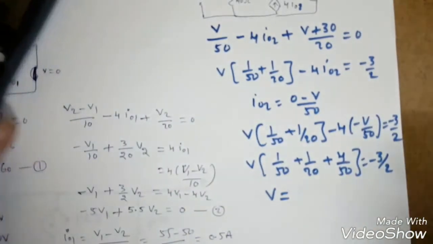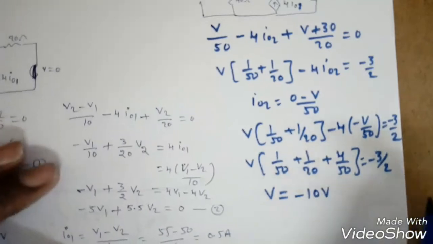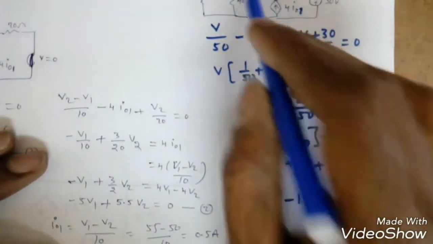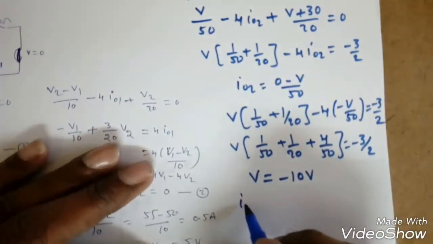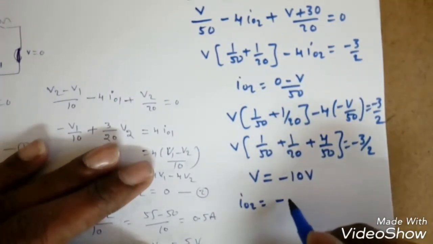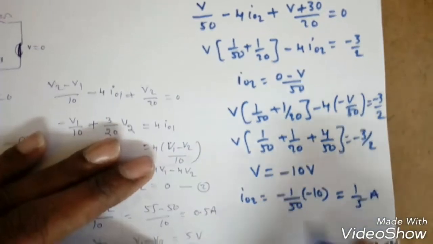So V is, we got minus 10 volts, but we don't want this one, we need I naught 2 and I naught. Just now we found I naught 2 is equal to minus V by 50. So minus V means minus of minus 10, so this is 1 by 5 amperes.